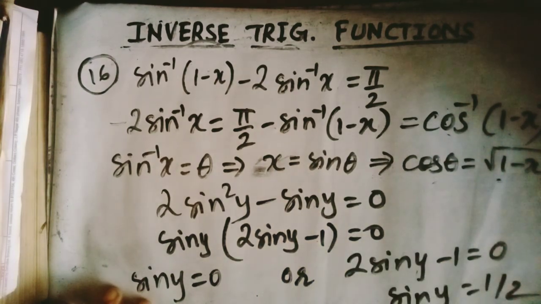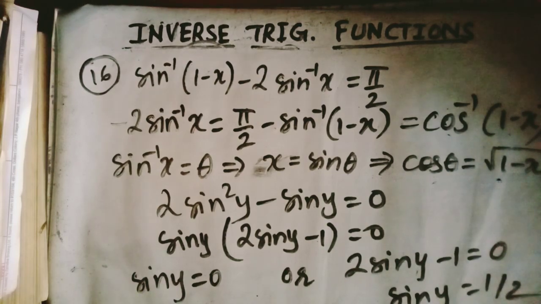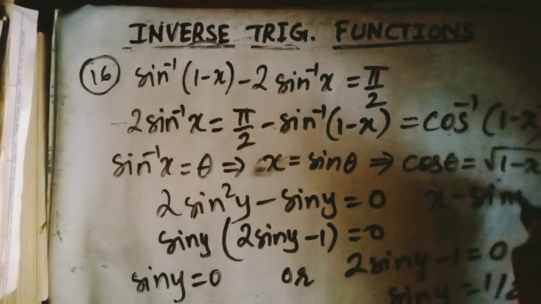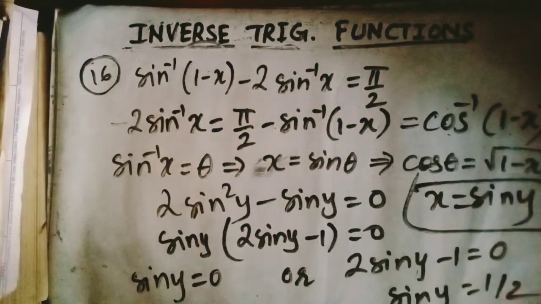Okay, and we had taken x equal to sine y, correct? This was our substitution. So whatever value you get, that is 0 or half, this is the value of x.